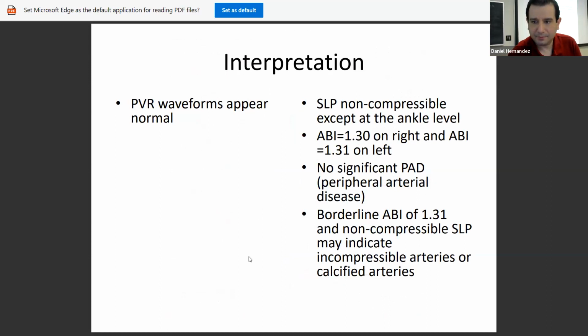So, non-compressible except for ankle levels. You report the ankle brachial indexes for the right and left side.